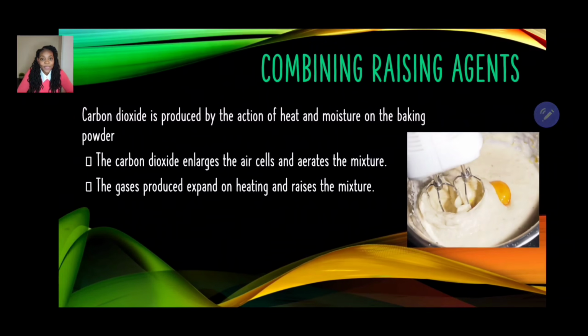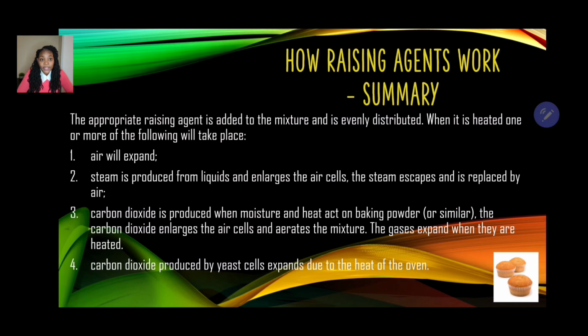All right. Now, carbon dioxide is produced by the action of heat and moisture on baking powder. The carbon dioxide enlarges the air cells and aerates the mixture. The gases produced expand on heating and raise the mixture as well, right?